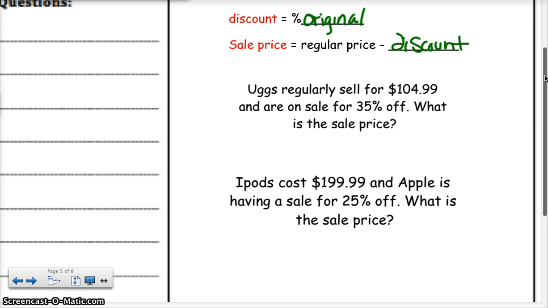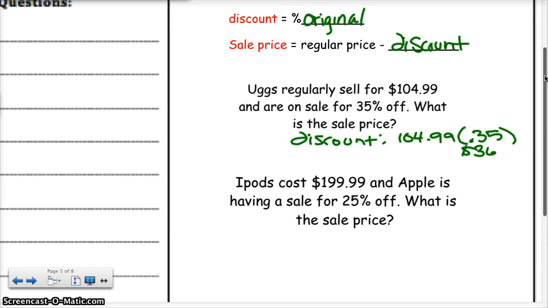$104.99. They're on sale for 35% off. What's the sale price? So I need to find my discount. My discount is equal to how much they are times the percentage I have off. So 104.99 times 0.35 is $36.75.